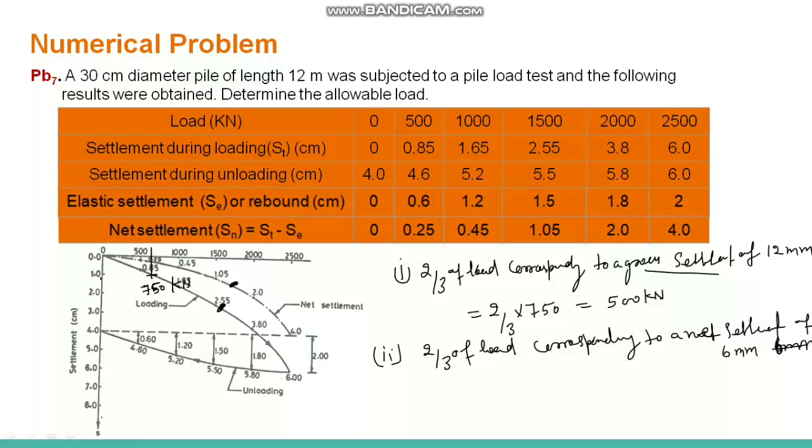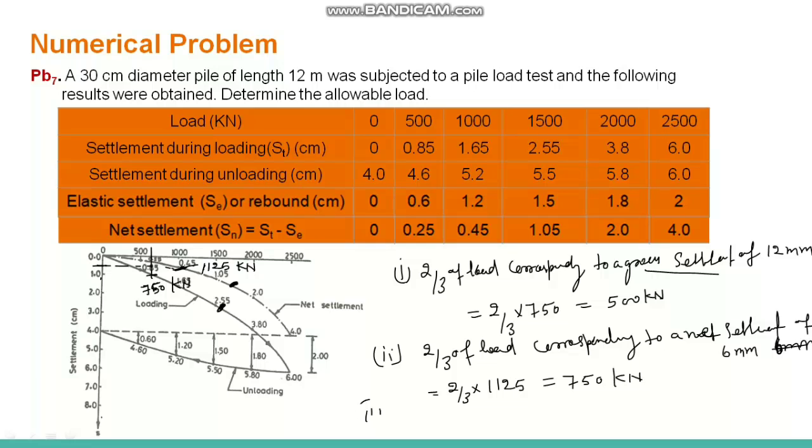So when it is 0.6, 6 mm, what will be the load? You can see 0.6 somewhere here, and the load will come somewhere here. At this point, you will see the load is 1125 kilonewton. On graph paper, you can get the exact value. So according to this net settlement 6 mm, we are getting load 1125. 2 by third into 1125 is 750 kilonewton.